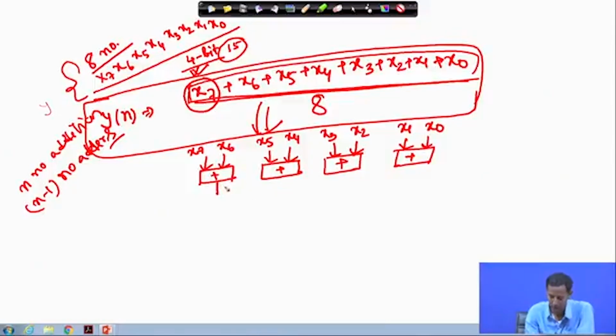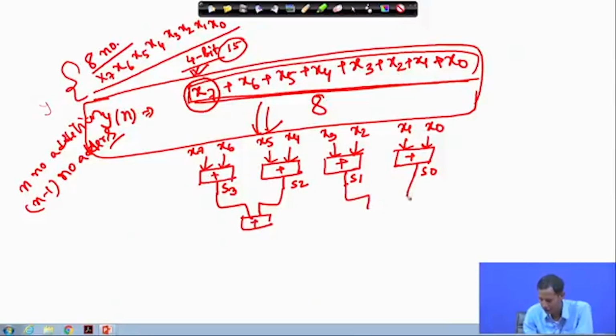I will get sum 3, sum 2, sum 1 and sum 0 here. Then these 4 sums need to be added again, so I need 2 adders for adding these 4 numbers. Then I will get S5 and S4 here. Then again I need one more adder for these.